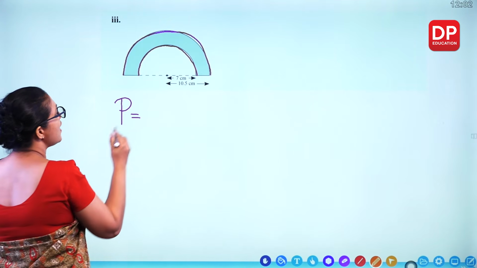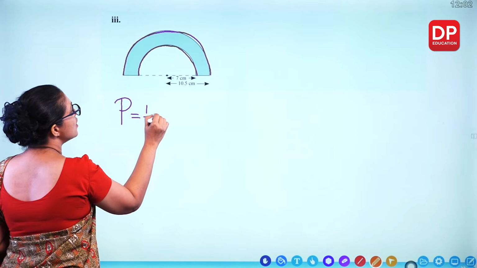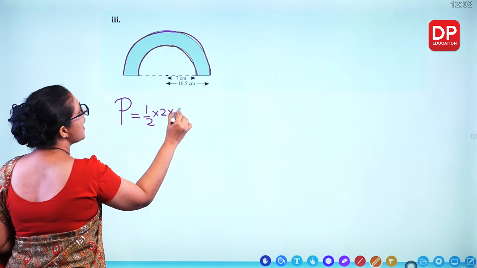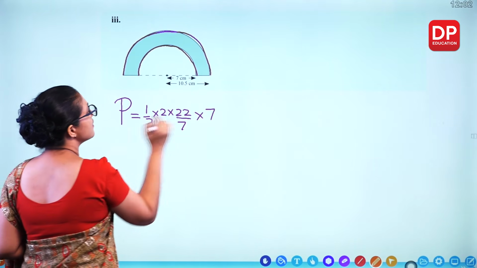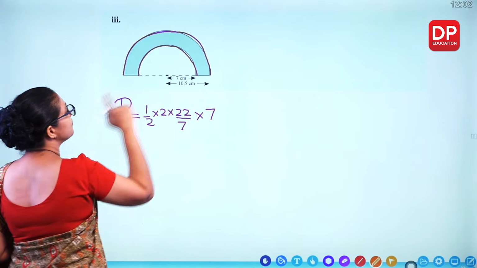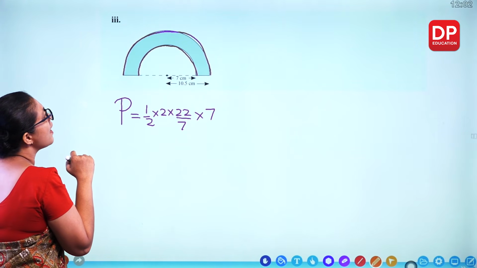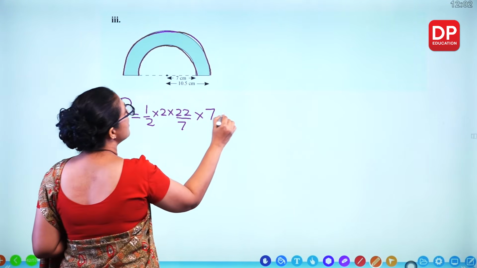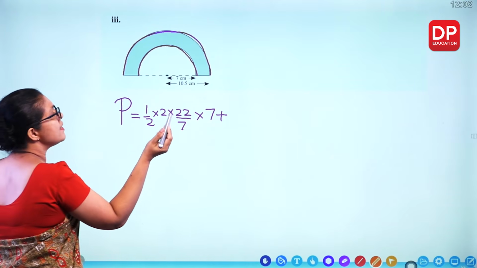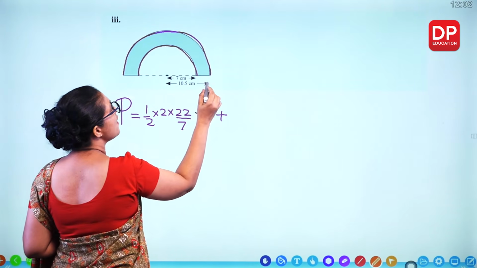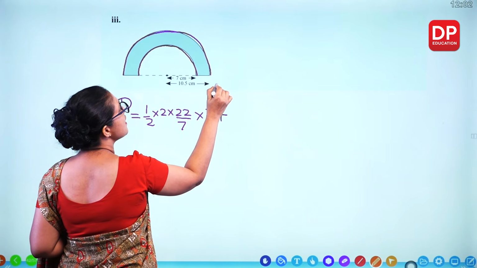So you can write half of 2 pi, 22 over 7, r. R is 7. That's this part. And the bigger one, radius is given, 10.5, you can write as 10 and a half.